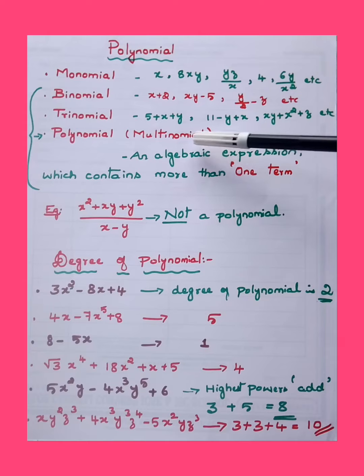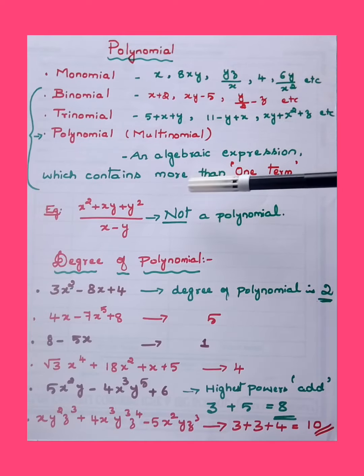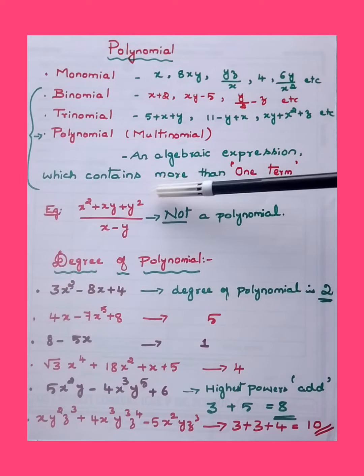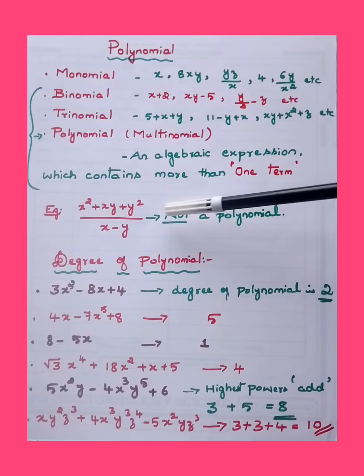Remember, we also call polynomials multinomials, that is, more than three terms we call a multinomial, and if the algebraic expression contains more than one term, we call it a polynomial. If we consider an example like x square plus xy plus y square by x minus y, this does not form a polynomial. When you come across this kind of expression, it's not a polynomial.